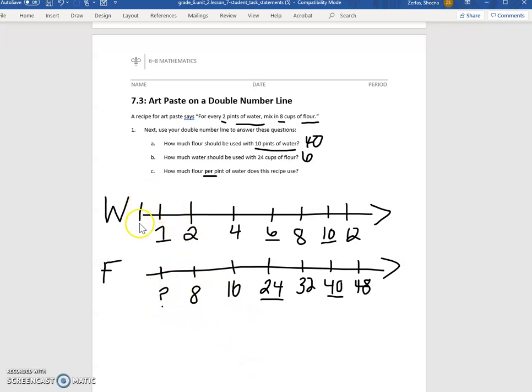So now in between, let's add our 0. So in between 0 and 8, we have 2 spaces. So that question mark is found by taking the amount in the 2 spaces, dividing it by 2, and you can see that here we would have 1 water would be 4 flour.